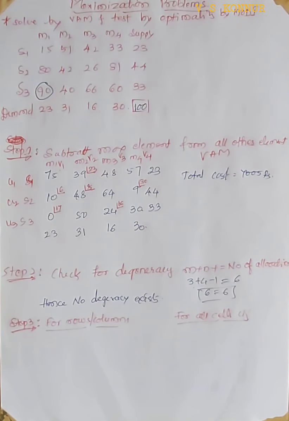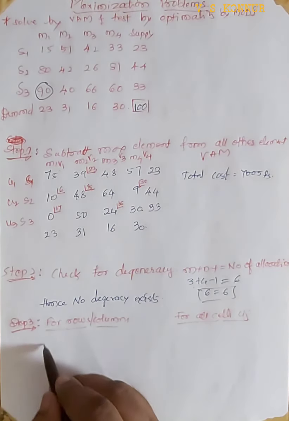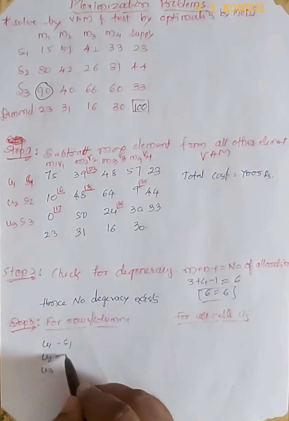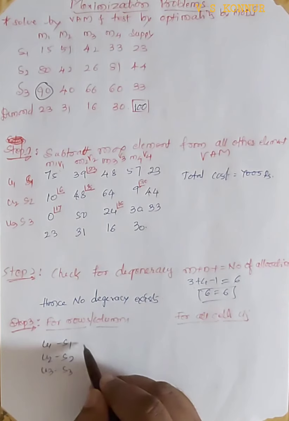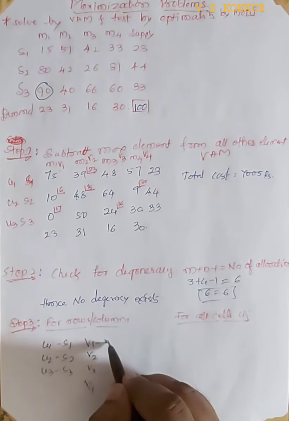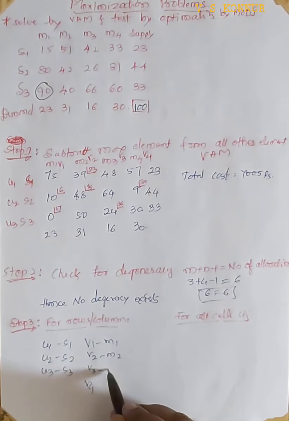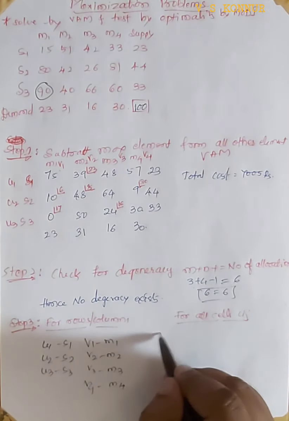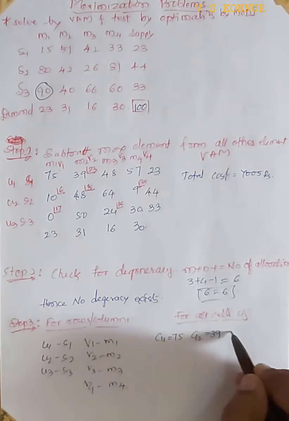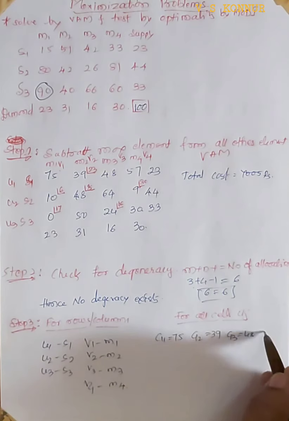For rows and columns, we will write U1, U2, U3 for S1, S2, S3, and V1, V2, V3, V4 for M1, M2, M3, M4. And for all the cells we will write C11 equal to 75, C12 equal to 39, C13 equal to 48, C14 equal to 57.